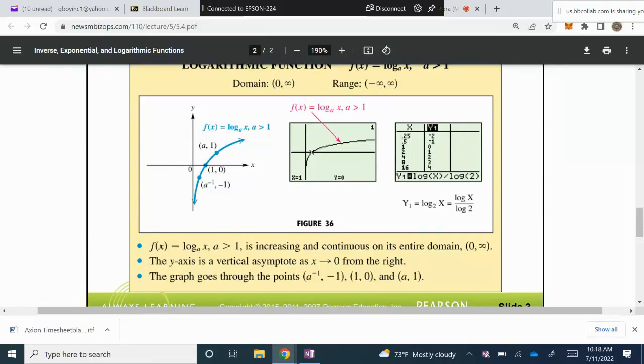Remember that a function is continuous if you can put your pencil on the graph and trace the entire graph without removing your pencil from the paper. The y-axis is the vertical asymptote. And here are a couple of points that the graph passes through: a to the negative first comma negative 1, 1 comma 0, and a comma 1.